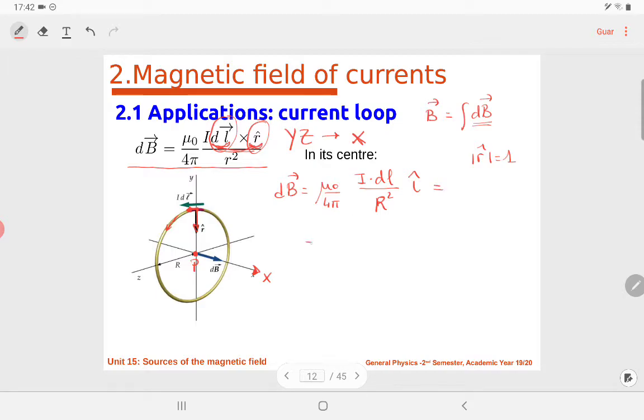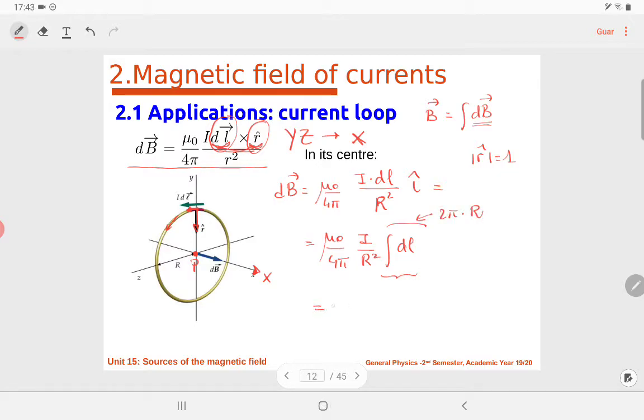So this simplifies to just knowing what is the complete perimeter of the loop, which is just 2 pi multiplied by R.